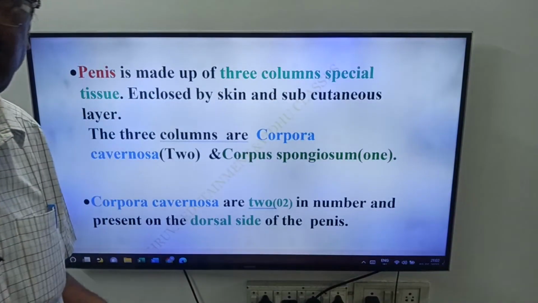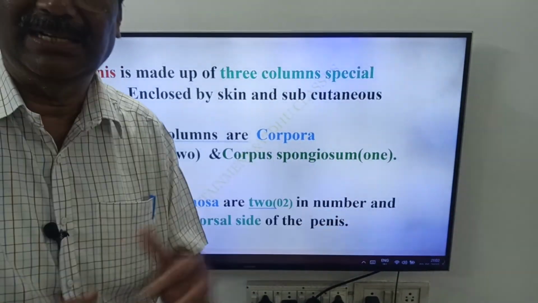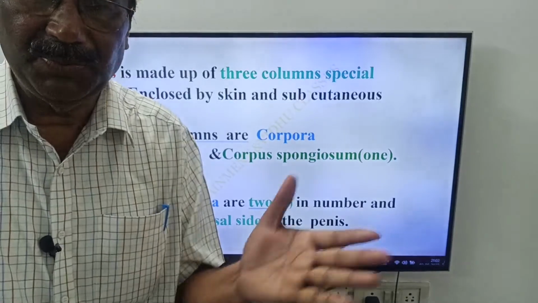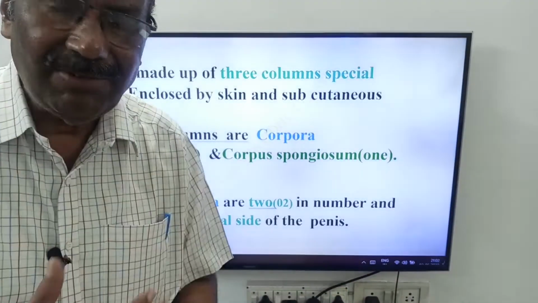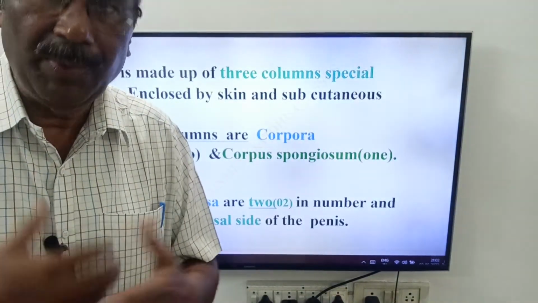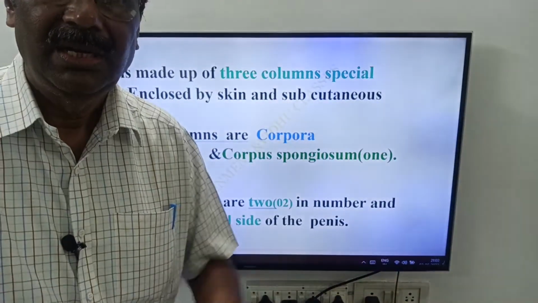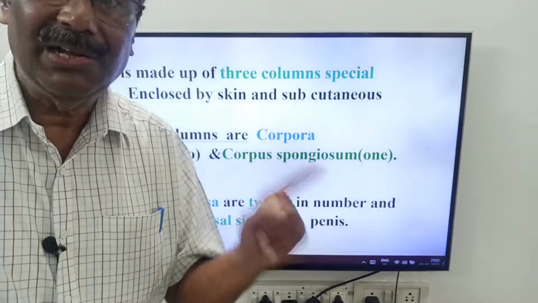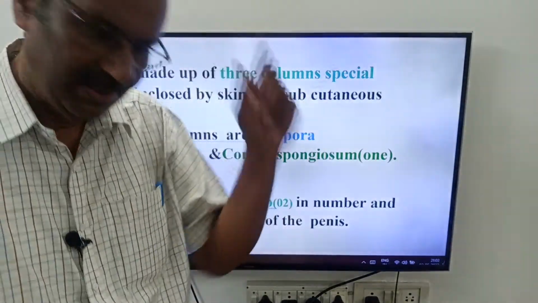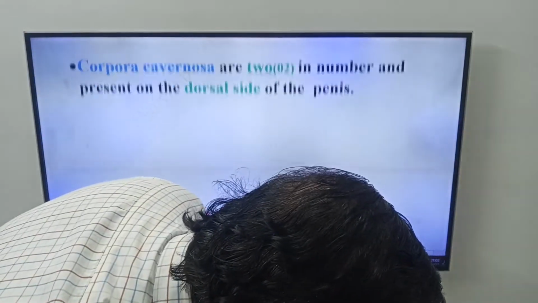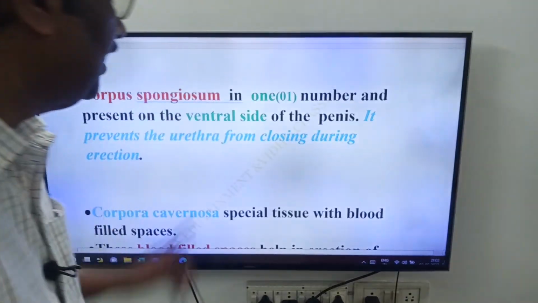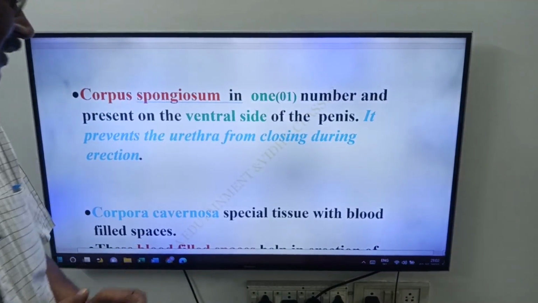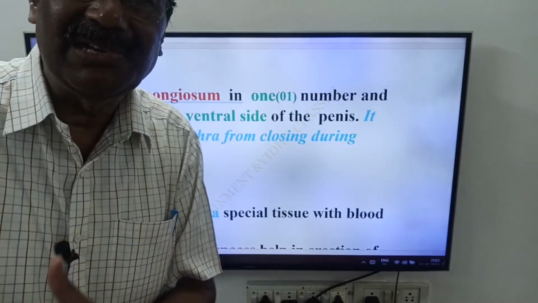Once again, an important NEET point or EAMCET point. Okay, friends. Next, the corpus spongiosum is 1 in number. It is present on the ventral side of the penis.